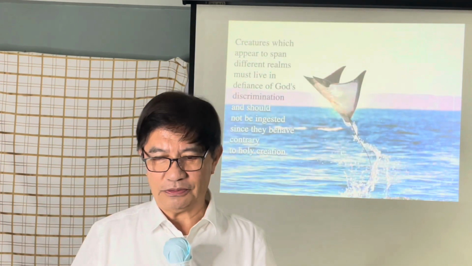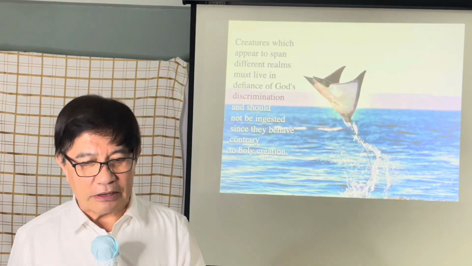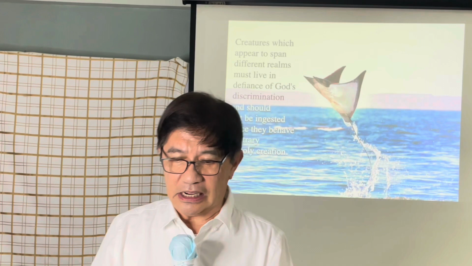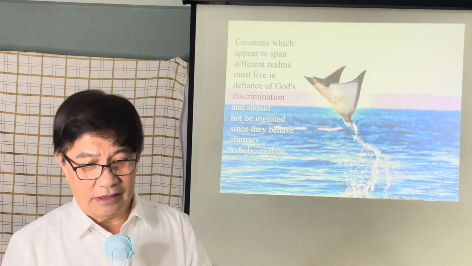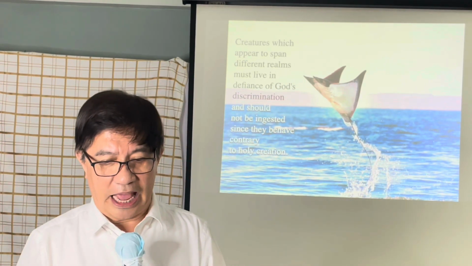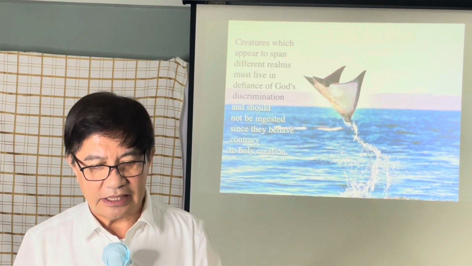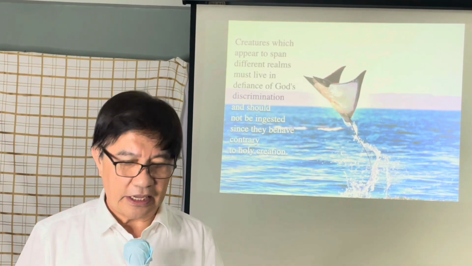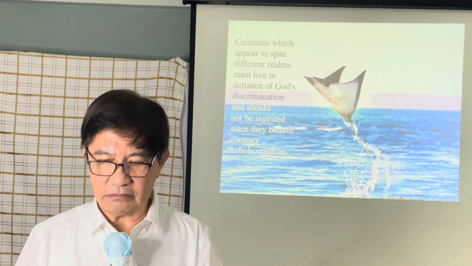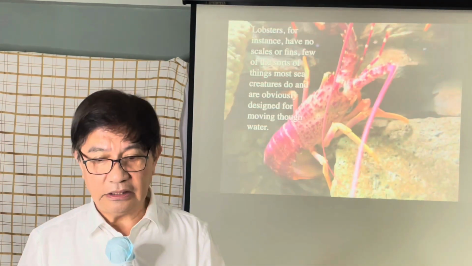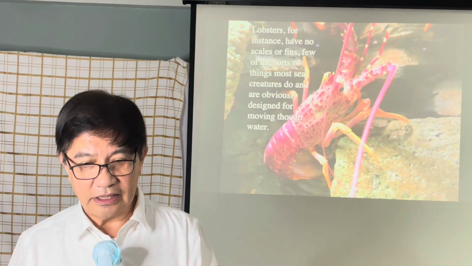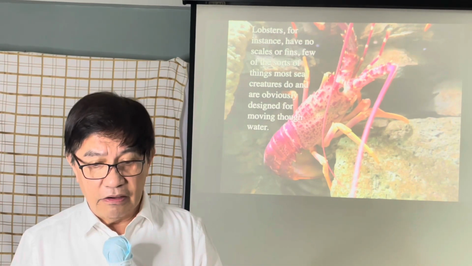So creatures which appear to span different realms must live in defiance of God's discrimination and should not be ingested since they behave contrary to holy creation. So lobster, for instance, have no scales or fins.